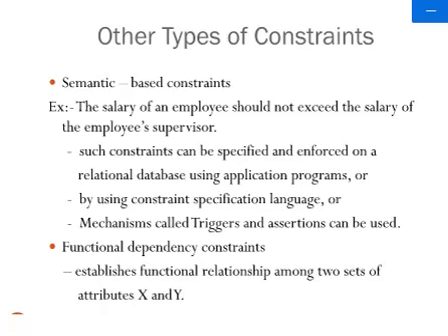Then next we have functional dependency constraint. Functional dependency constraint makes sure that each attribute value is identified by one particular attribute. For example, let me take a student relation.